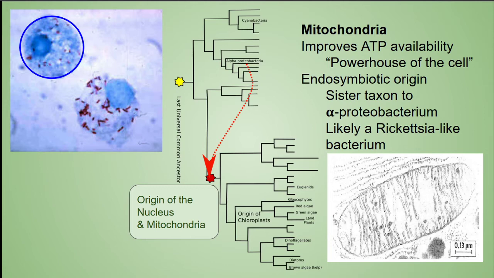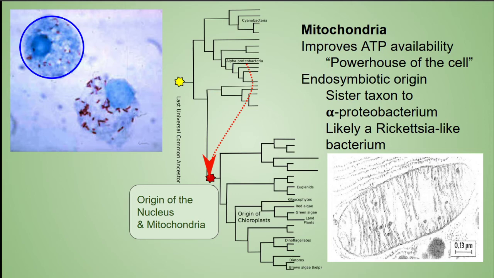However, the mitochondria, which has the sometimes unfortunate title of the powerhouse of the cell, may have a different origin. Mitochondria essentially improve ATP availability. ATP is a molecule that helps move energy around cells and make it available to do cellular work.